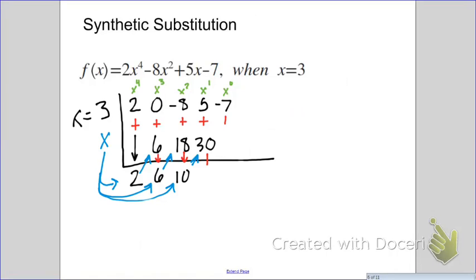And then add straight down, 35. Then multiply by 3, 105, and then add straight down, 98.